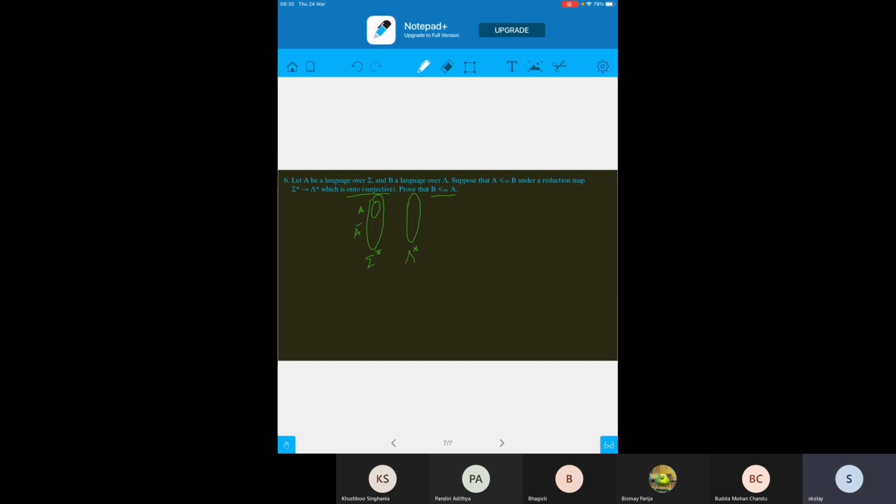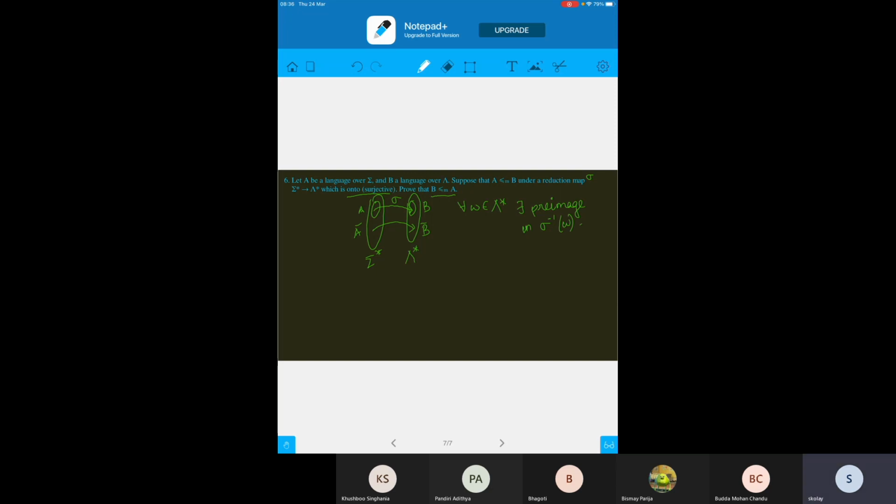Then I know that this reduction map, let's call this sigma, was mapping A to B, and A bar was getting mapped to B bar. But the point is it is also surjective. So for all W in chi star, there exists a pre-image in sigma inverse W, right? This is what it means to be onto.